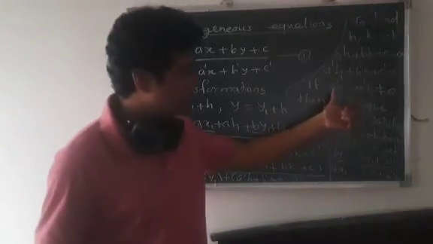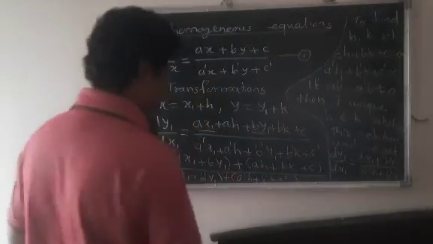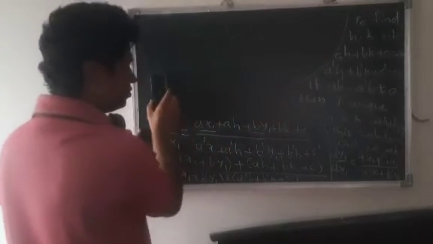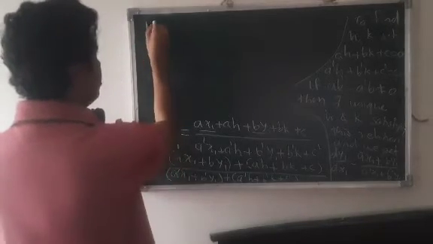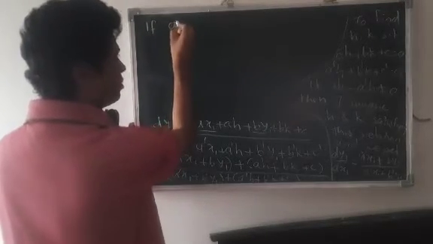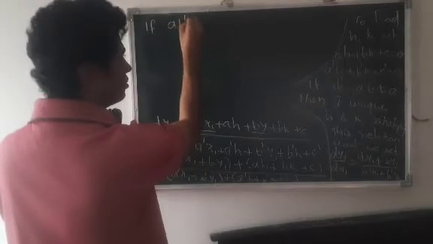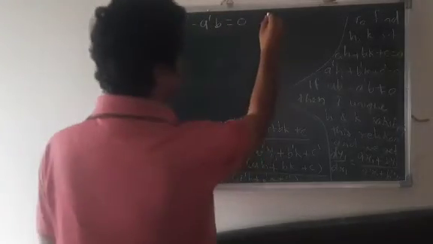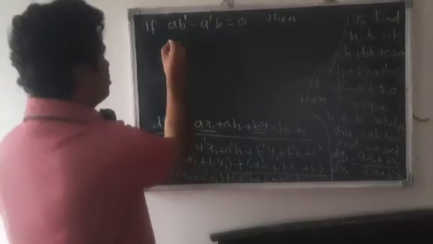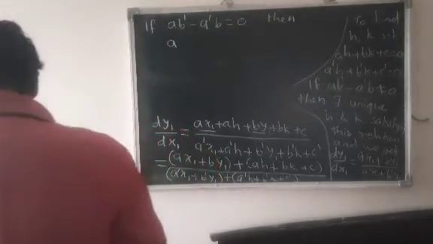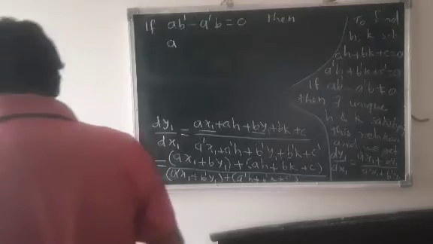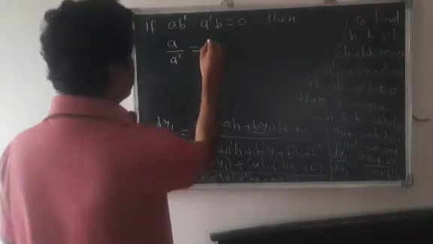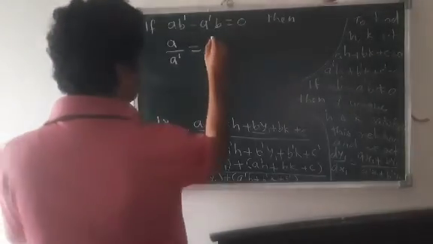Now what happens if this is 0? If ab dash minus a dash b is 0, then a divided by a dash is the same as b divided by b dash.